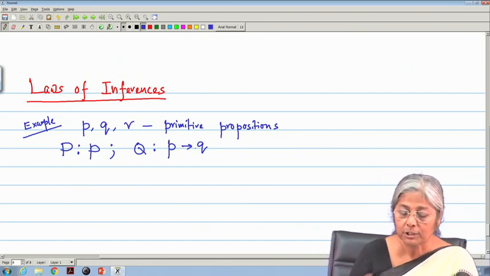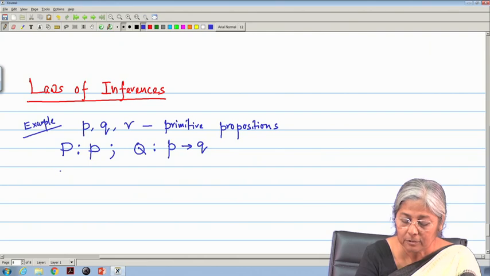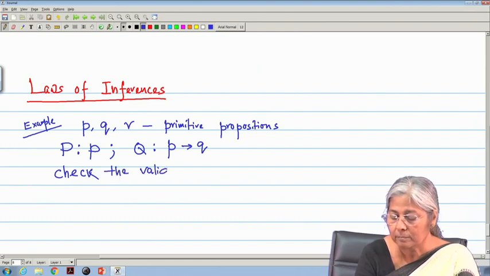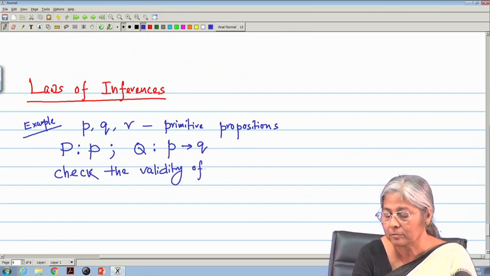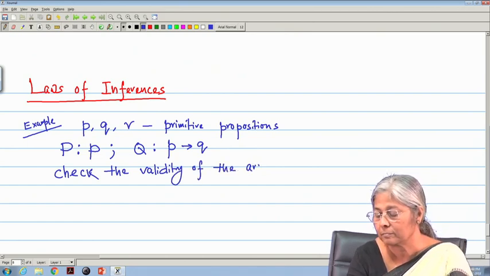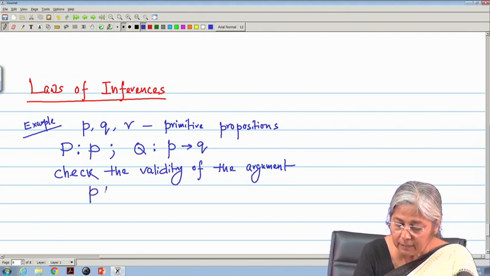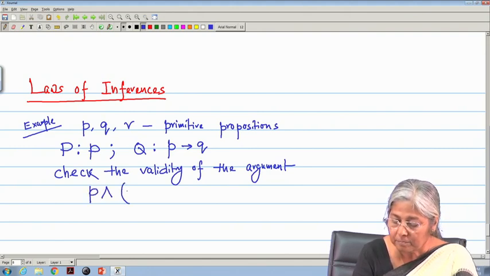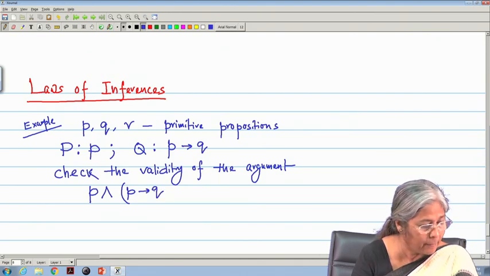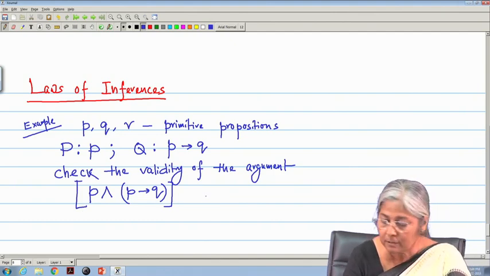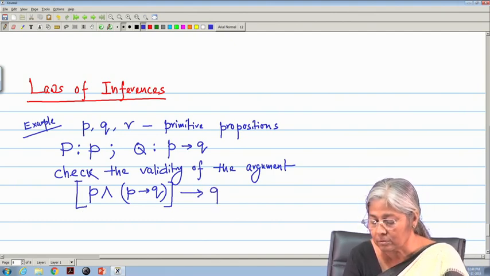Then we want to check the validity of the argument: p and (p implies q) implies q, or not.